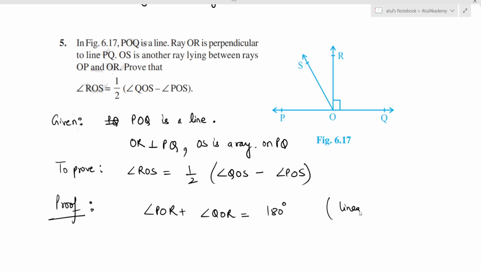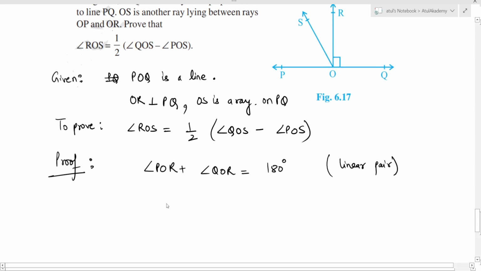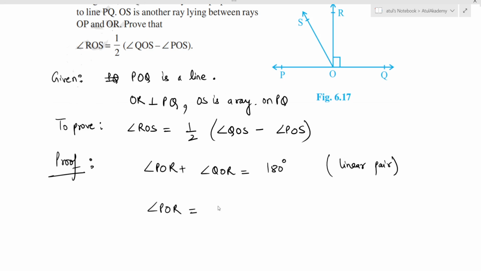That's a linear pair. Now, I have angle POR is what? Angle POR is equal to angle POS plus angle ROS. What is POR? POR is POS plus ROS. And now what is your QOS?